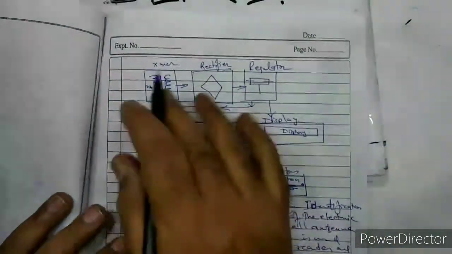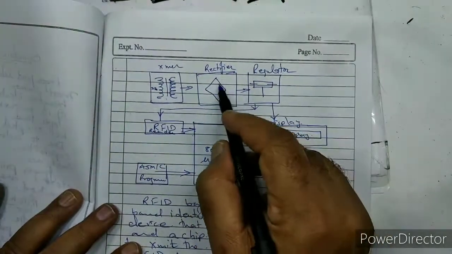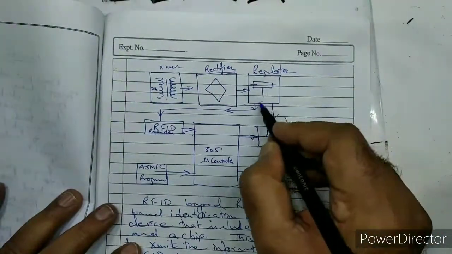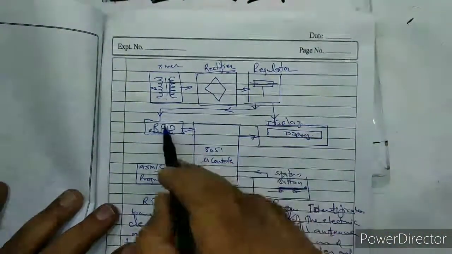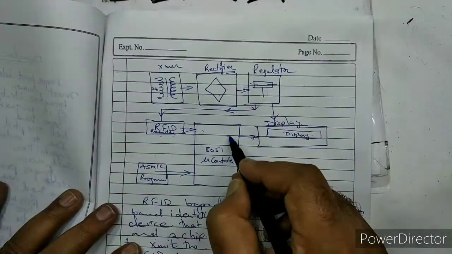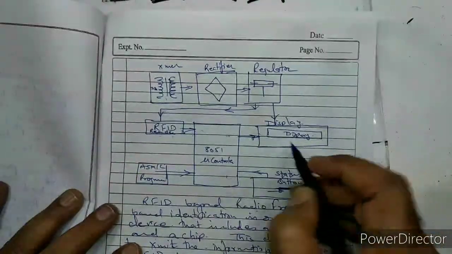Here we can see a transformer and a rectifier which gives DC output. Here this is a regulator which gives a regulated 5 volt DC, then the RFID reader, and this gives the signal to the 8051 microcontroller. The microcontroller gives output to the display.